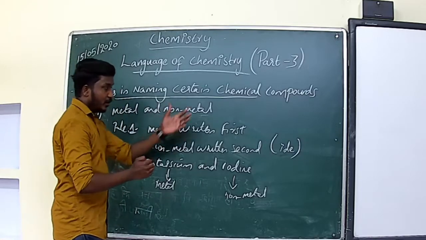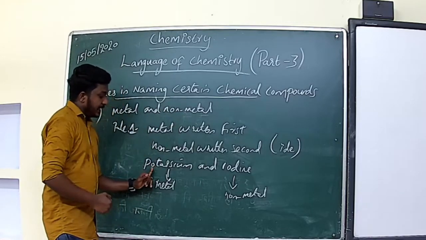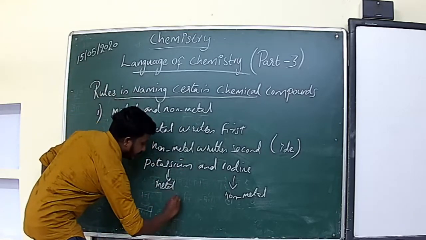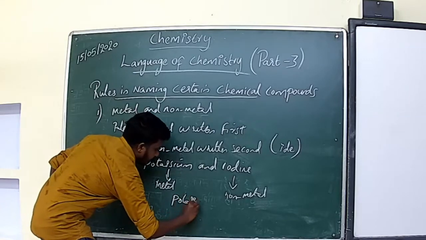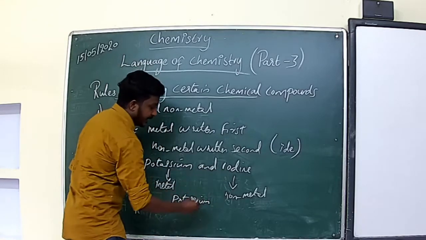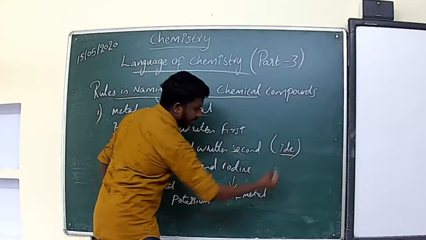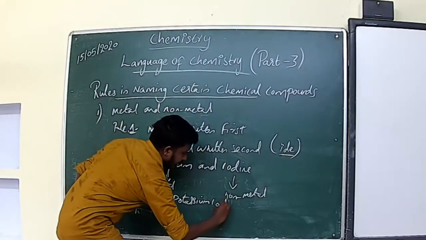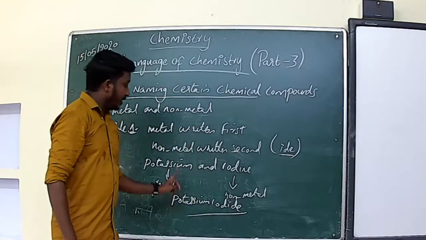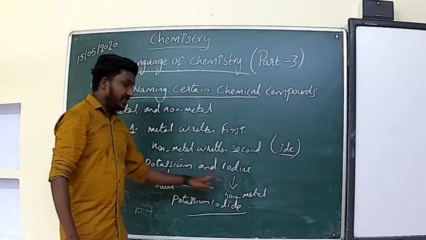You write potassium. Second name is the non-metal, that is iodine, with suffix IDE. So potassium iodide. Clear? So this is the name for the chemical compound containing potassium and iodine.